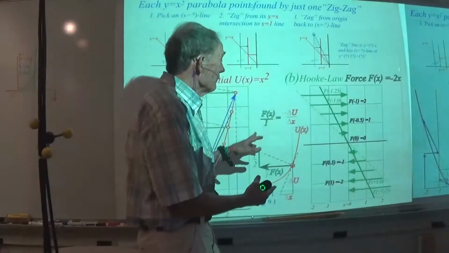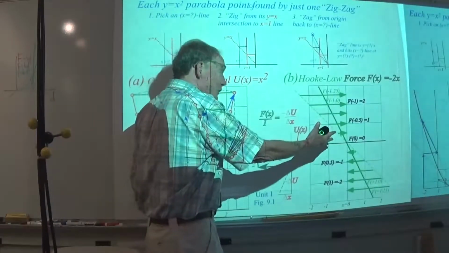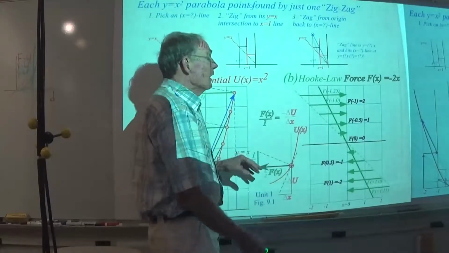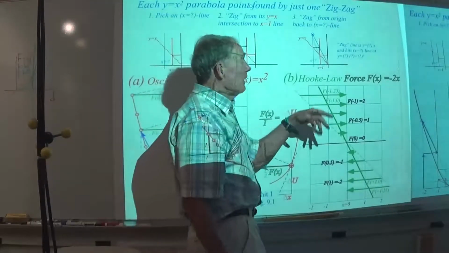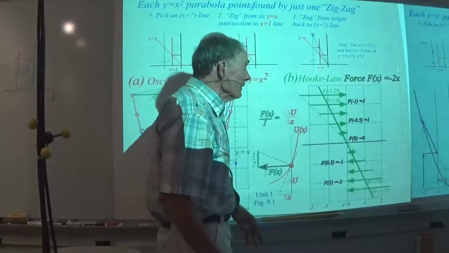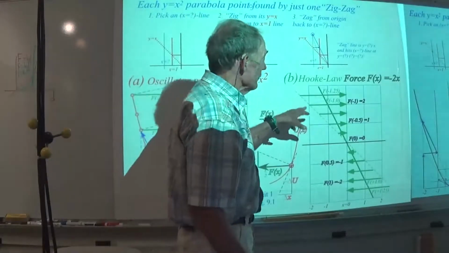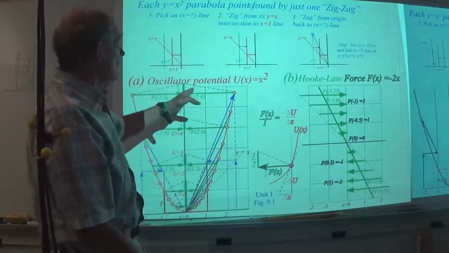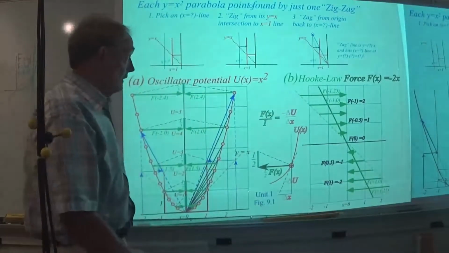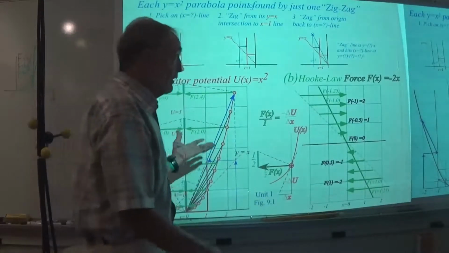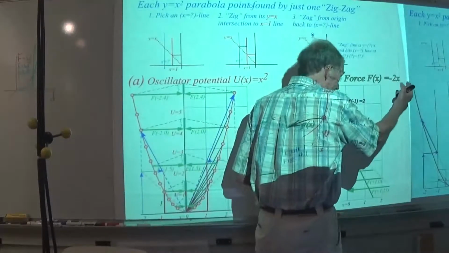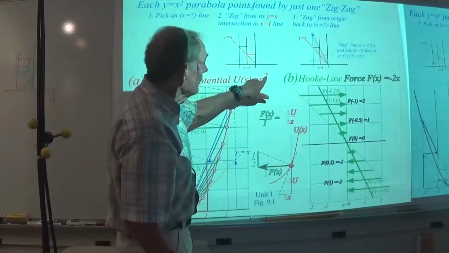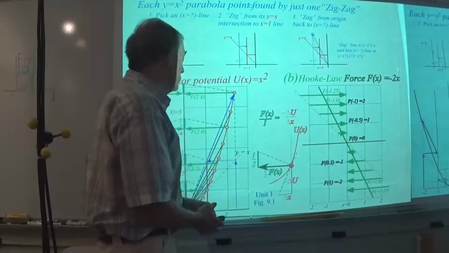And the force, in this case Hooke's law, and in this case a potential, their graphs, Hooke's law being just a straight line, the force as a function of the abscissa x, and here the potential as a function of the abscissa x. Now I've got a 2x line here, to minus 2x, and I've got an x squared here, just the coefficient of 1.